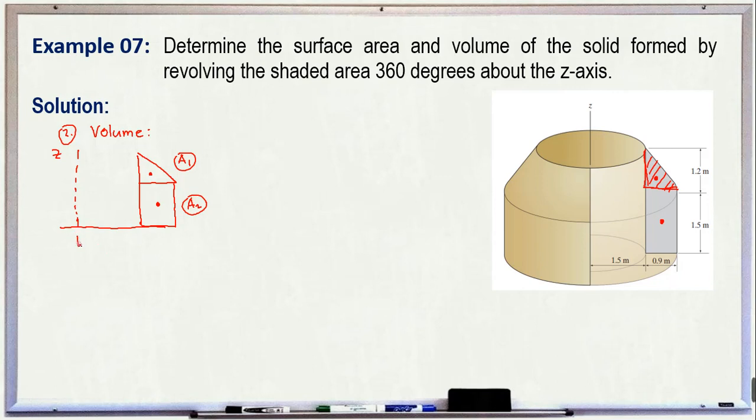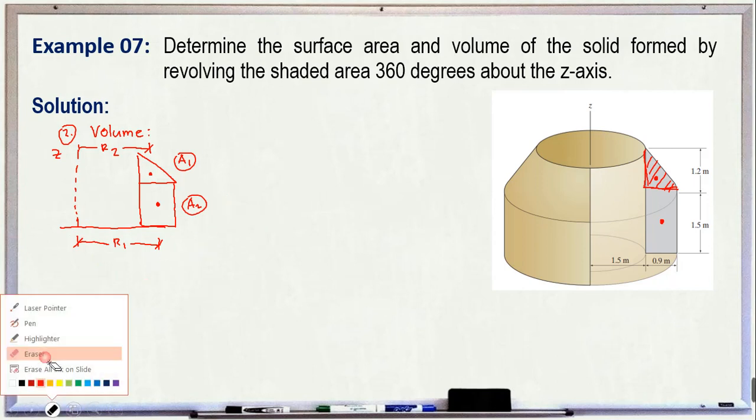And of course for area 2, it has its centroid R1. And also for area 1, its centroid is R2. Again, we get the centroid with respect to the z-axis, because the centroid distance we take should be perpendicular to the axis of rotation.